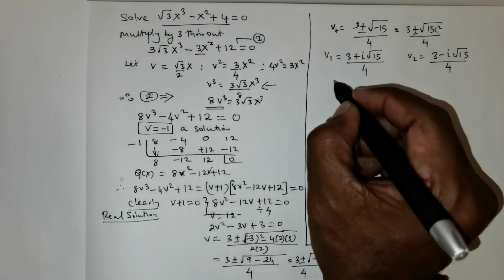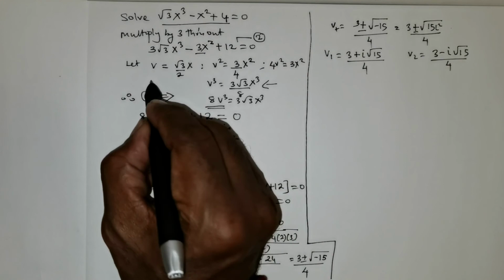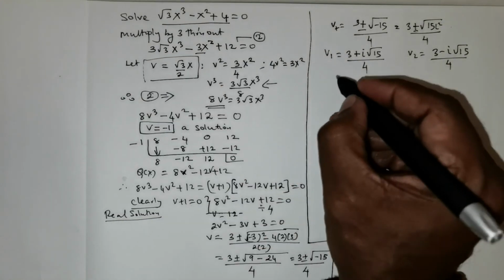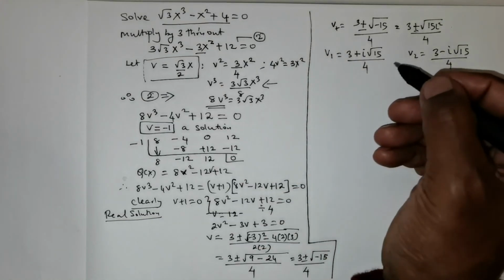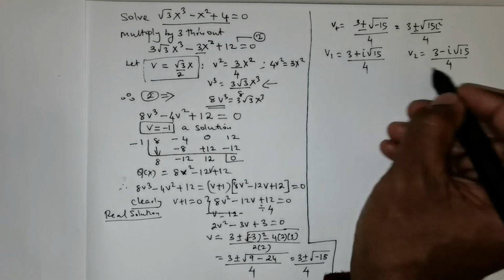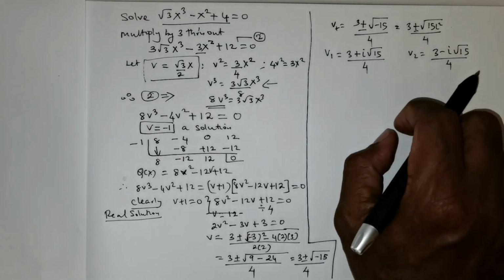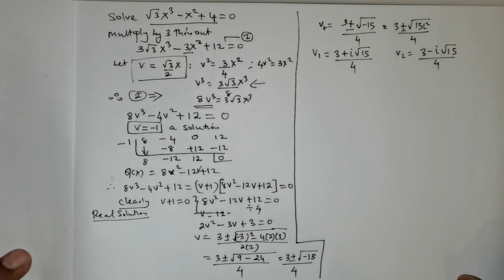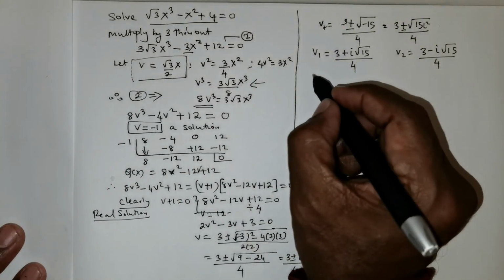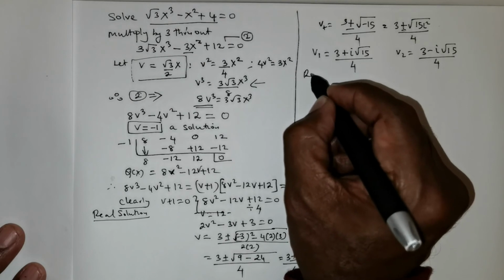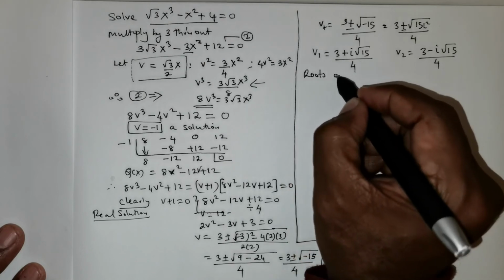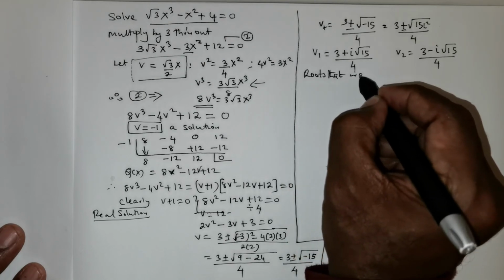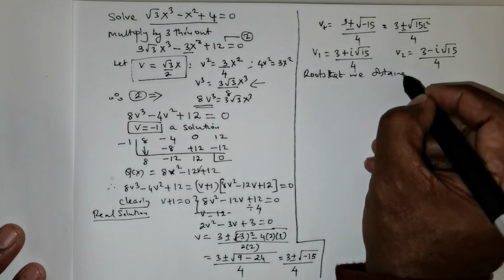Now, the value of V, we have assumed the value of V to be as this. Now, we have three roots. One is real and two of the roots are complex. So what I'm going to do is I have to make the final substitution. Now, the roots that we obtained are as follows.